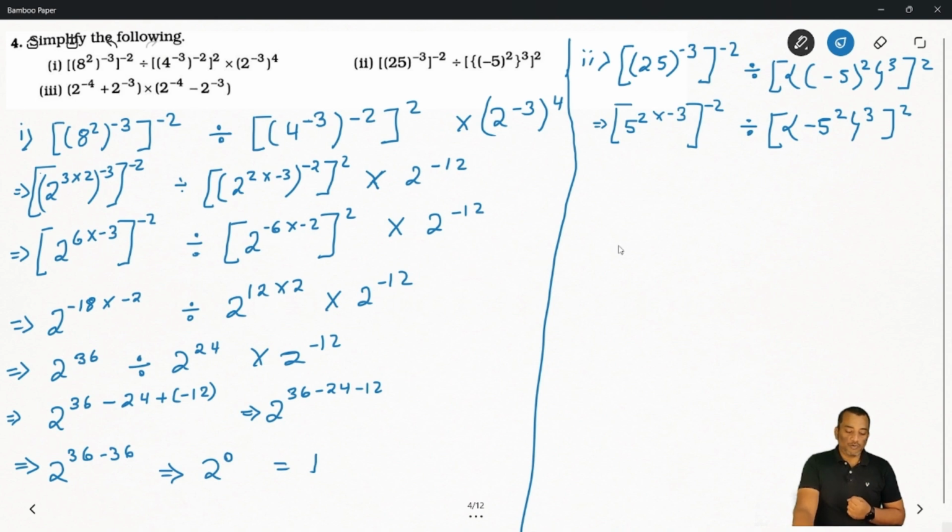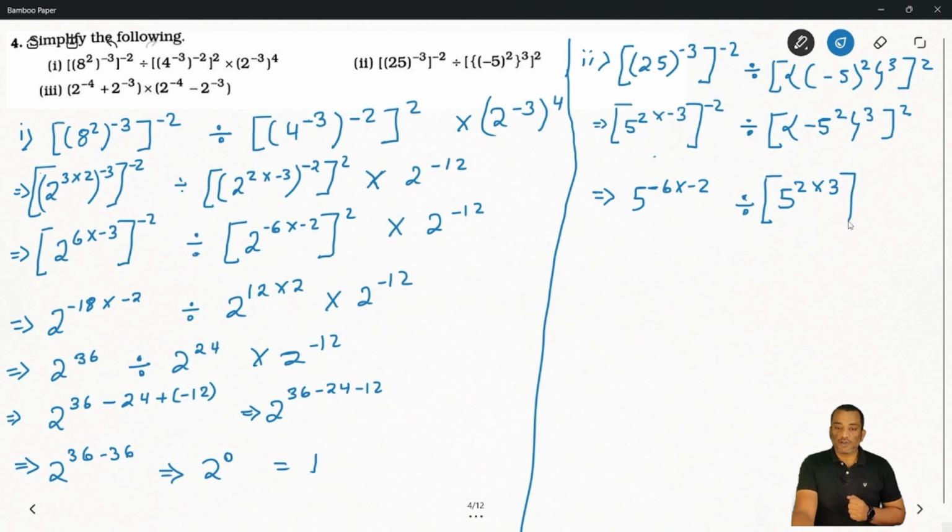Okay, now we will do the most important thing, remove the square bracket. So removing the square bracket, how much will you get? 5 to power minus 6 times minus 2. Okay, because here 2 times minus 3 you will get minus 6, and in the division part, 5 is here what? Minus 5 square. So a negative number with an even square, you can say 5 here square times 3.